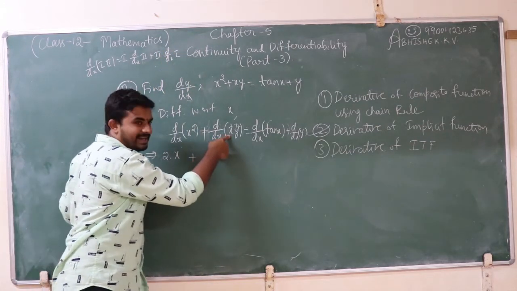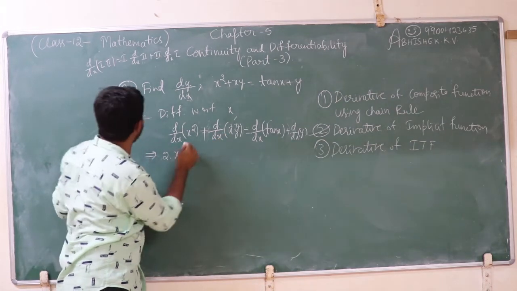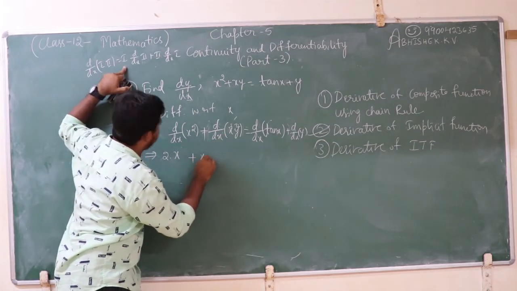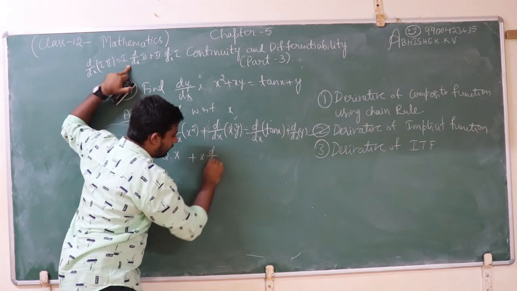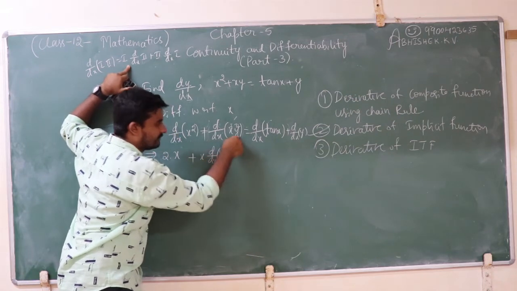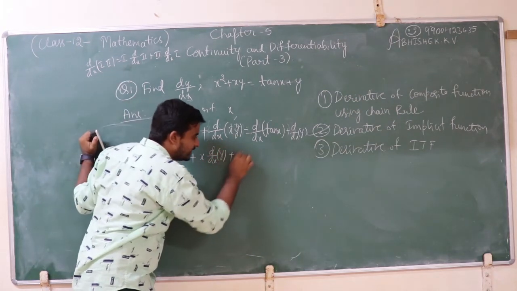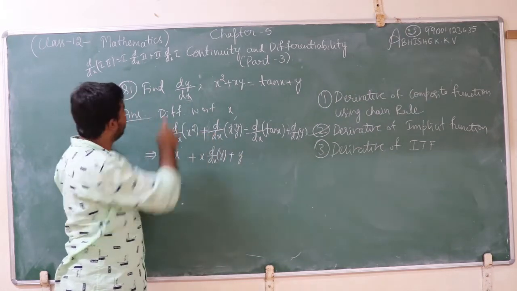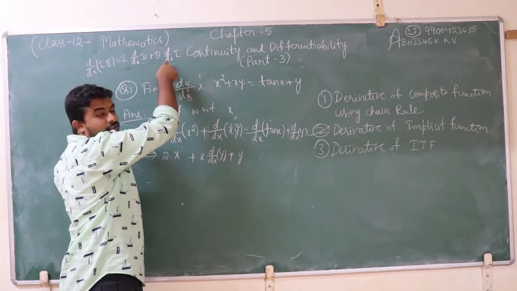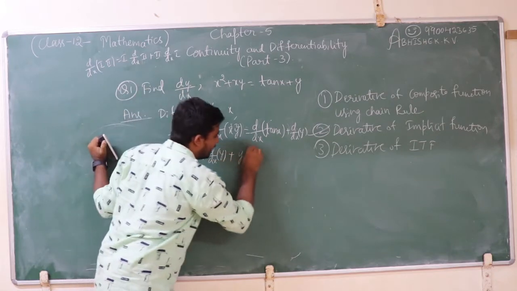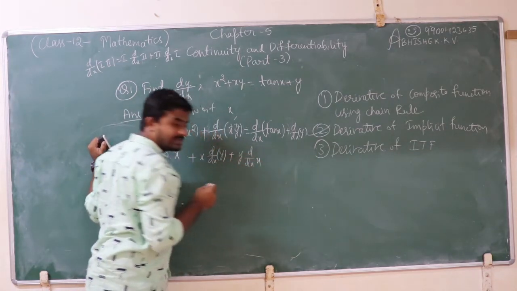If I consider x as the first function and y as the second function, the first function x into the derivative of the second, plus the second function y into the derivative of first. The derivative of the first function x is 1.